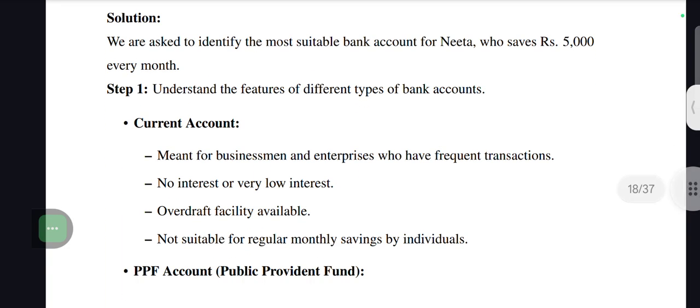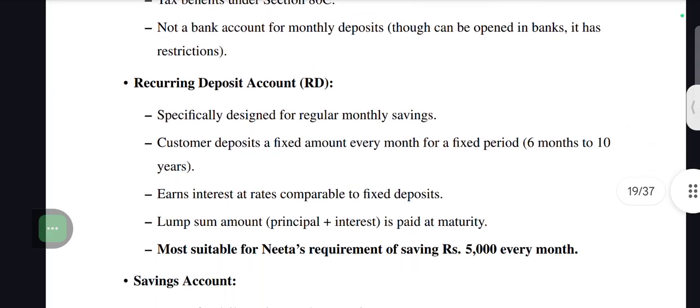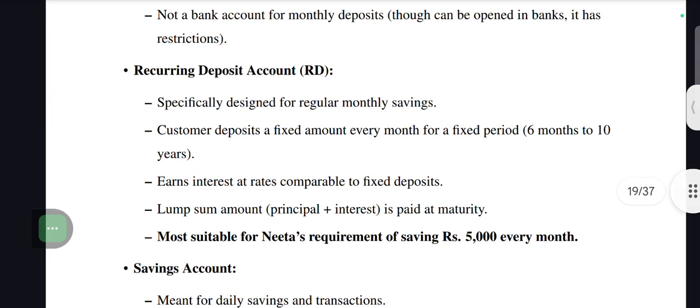first, current account. It is meant for business. There will be no interest, or very low interest. Overdraft facilities will be available. Whereas the public provident fund is a long term savings scheme, 15 years, with a fixed amount from 500 to 1.5 lakh, but not a bank account for monthly deposit, though it can be opened in a bank, but it has some restrictions. Whereas a recurring deposit account is specially designed for regular monthly saving.